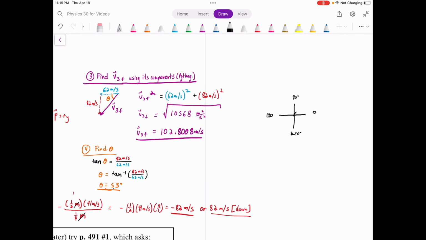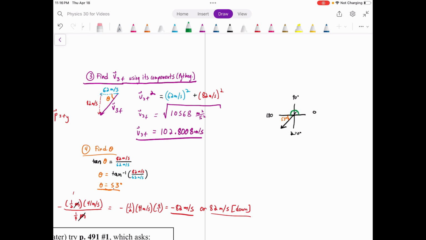Well, we are down and to the left, right? And we can see the angle between our vector and the x-axis. That is what we just found to be 53 degrees. So this is 53 degrees. So what is the actual angle itself? Well, we went past 180, starting from 0, right?